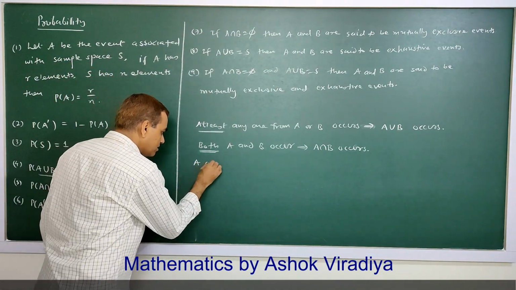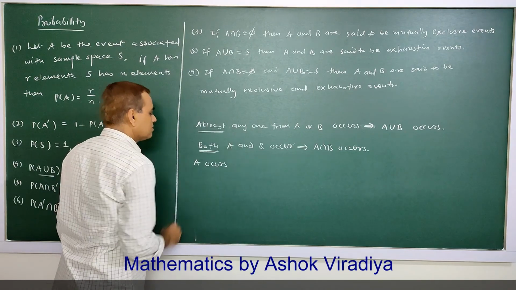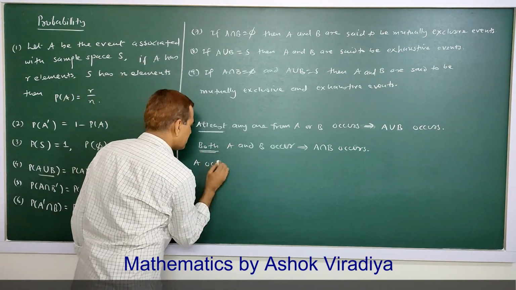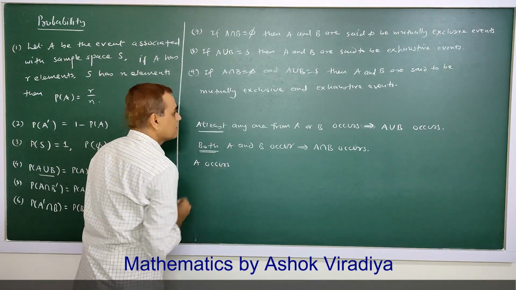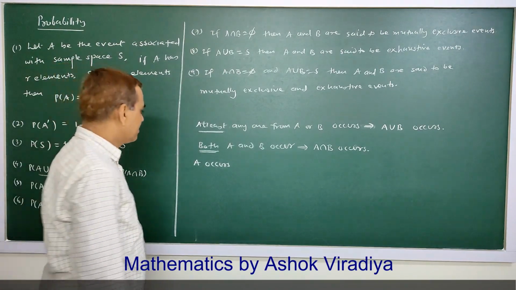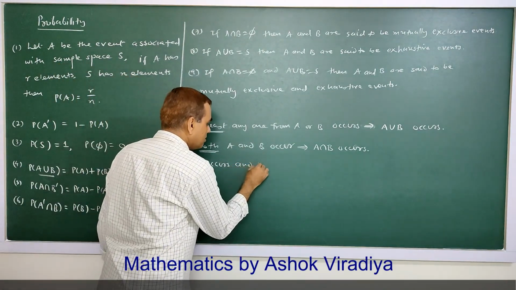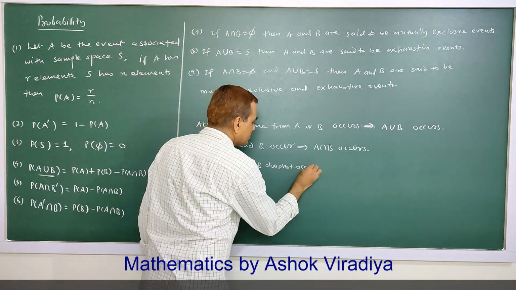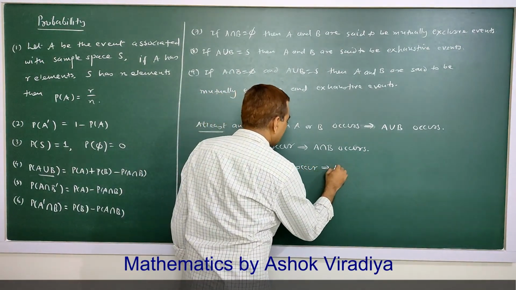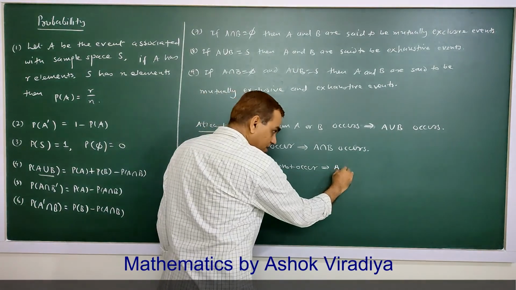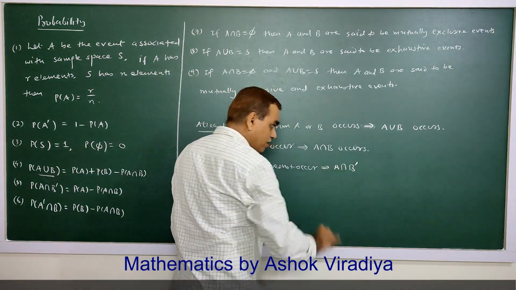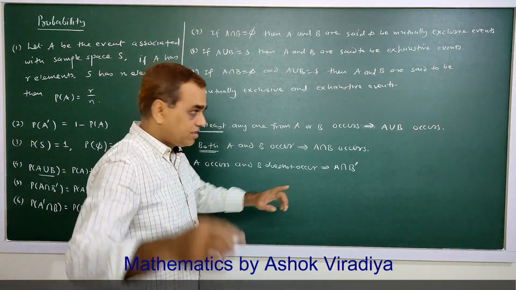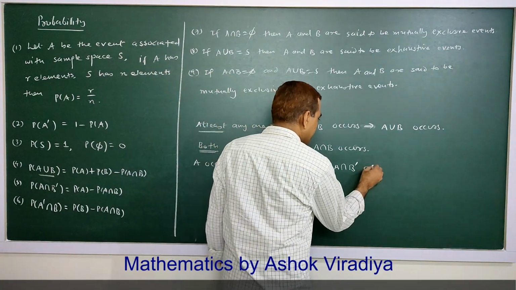A occurs and B does not occur. This is denoted as A occurs and B does not occur, that means B dash occurs. So A intersection B dash occurs.